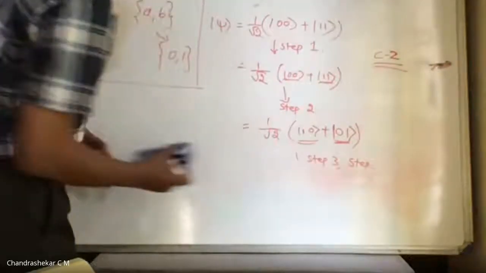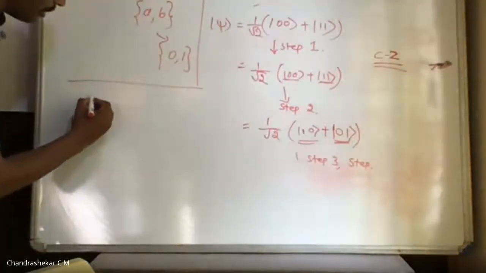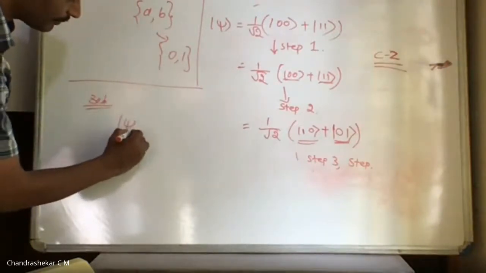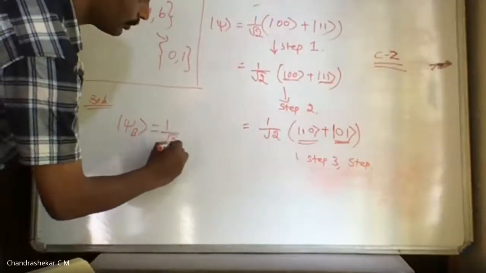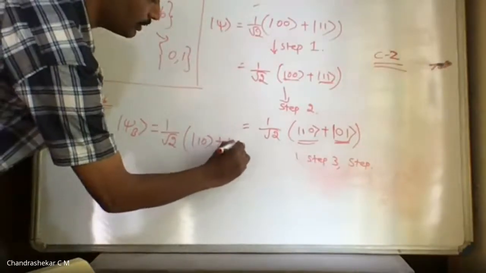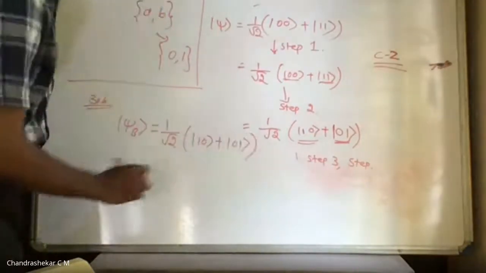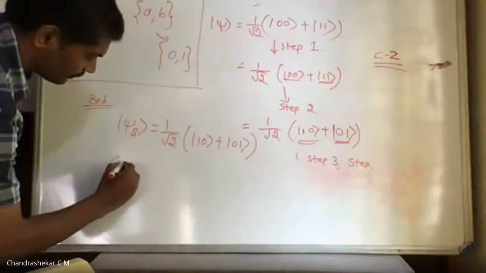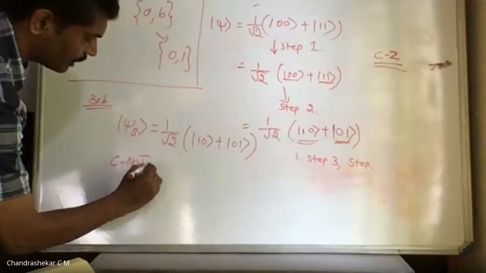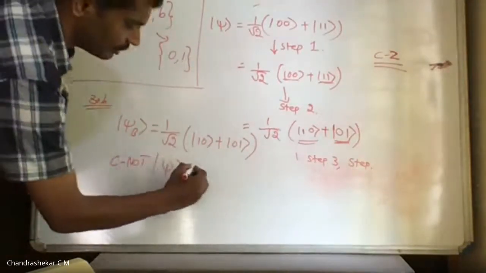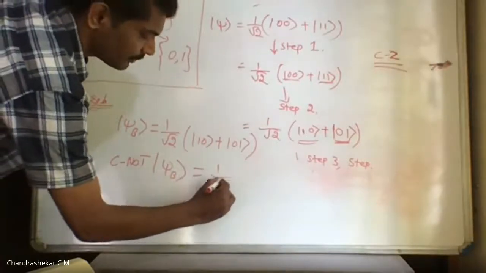Now I'm going to write what happens on Bob's side. All that we have is psi at Bob's side: 1 by root 2, 1 0 and 0 1. This is what he has got. Now Bob applies a control NOT gate on the state that Alice has sent.